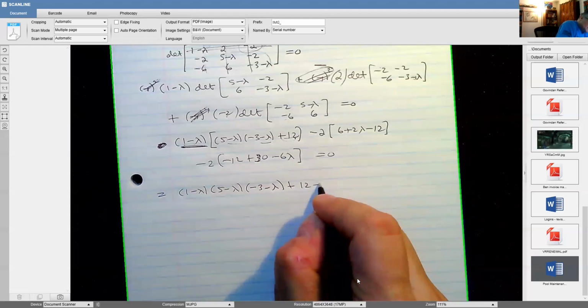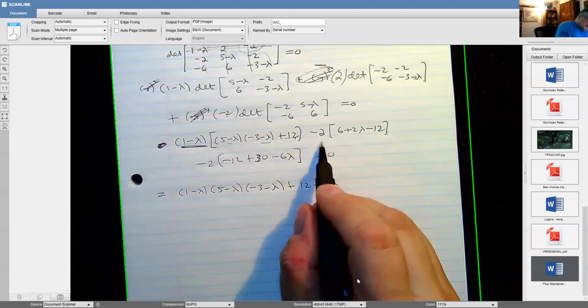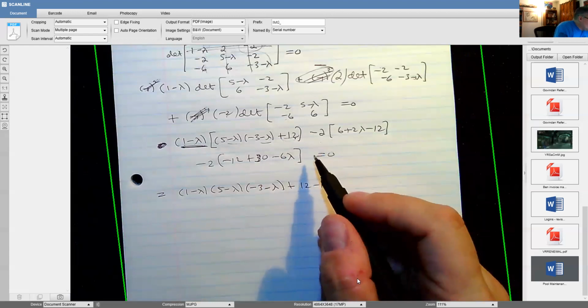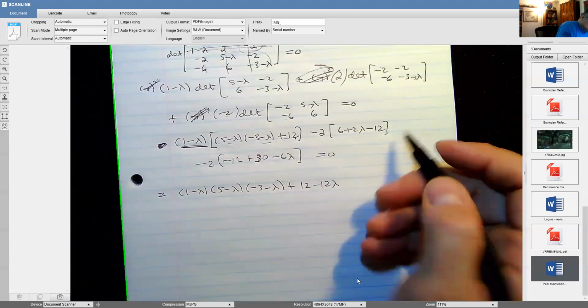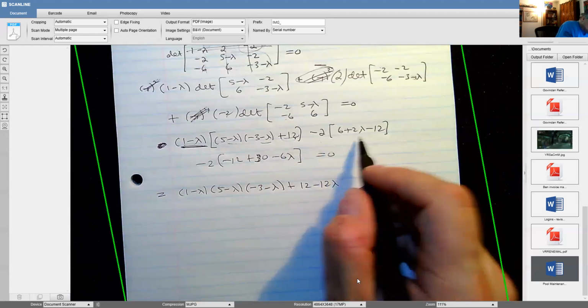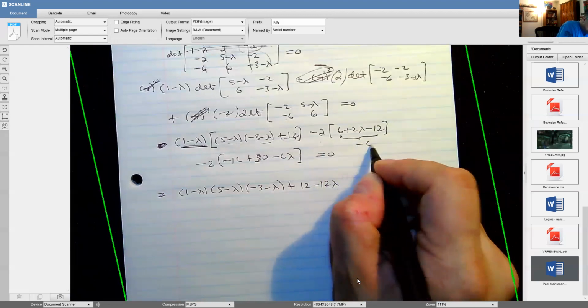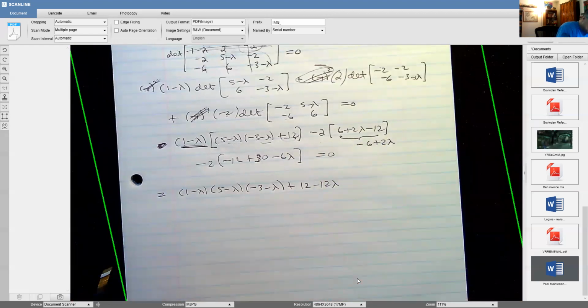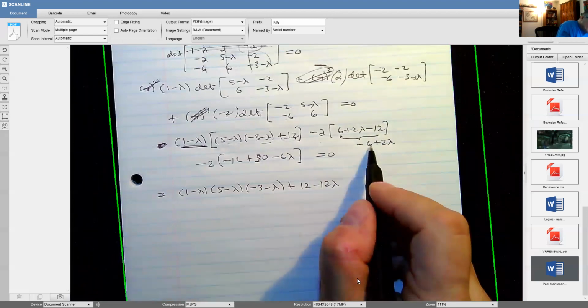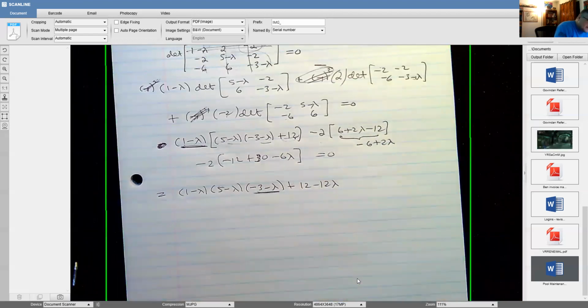So plus 12 minus 12 lambda. Here I have, let's see, this here is minus 6 plus 2 lambda, right? And so what I'll do is I want to get these in both.